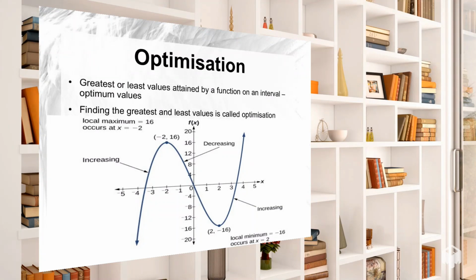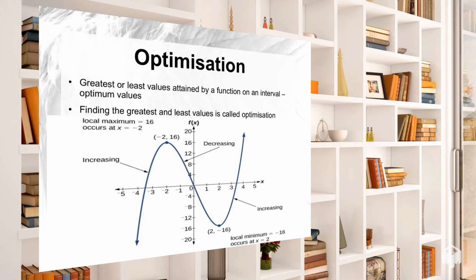Optimization is the process of finding the greatest and least values. And the greatest or least values attained by a function on an interval is what we call the optimum values. In this graph, we have our interval spanning between -4 and +4.